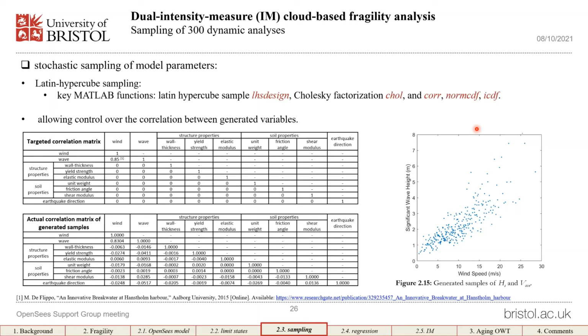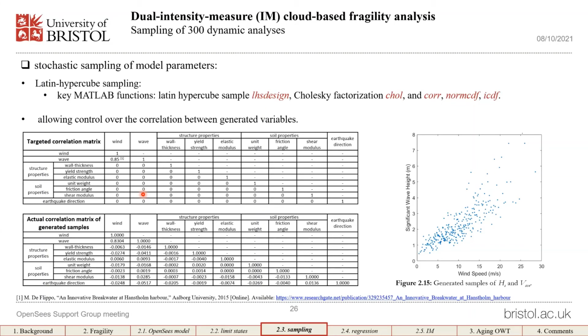So how is it not related here? Obviously the wave and wind have a very direct correlation. But for the scope of our study, we didn't consider the correlation between soil properties and earthquakes. It's as simple as that.